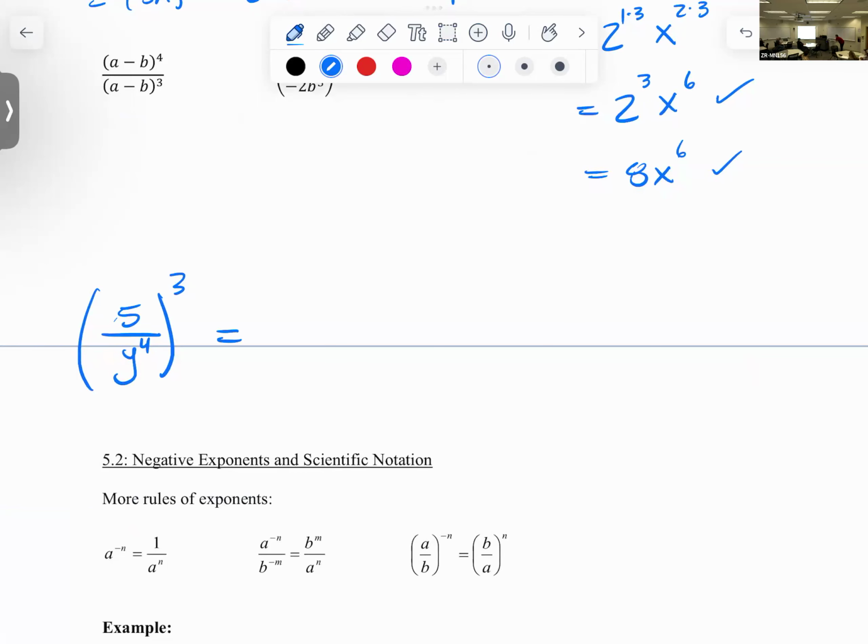Okay, so once again, I have 5. Let's write this out with our exponents. y to the 4th, that's y to the 4th power. 5 to the what power? First. Then, once again, I can multiply that 3 into both the numerator and the denominator exponents.